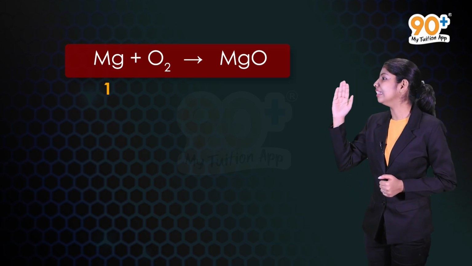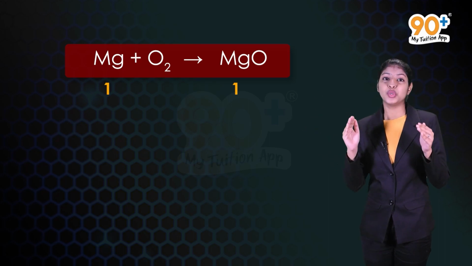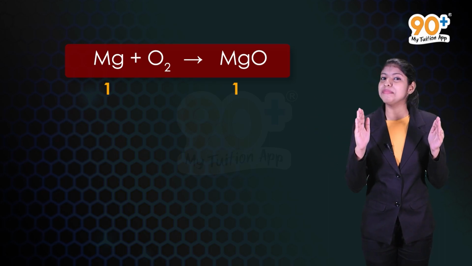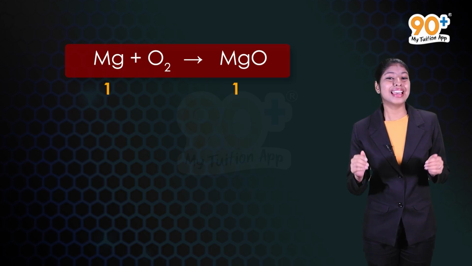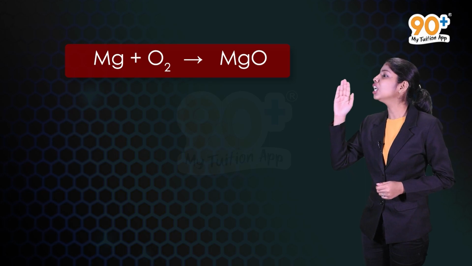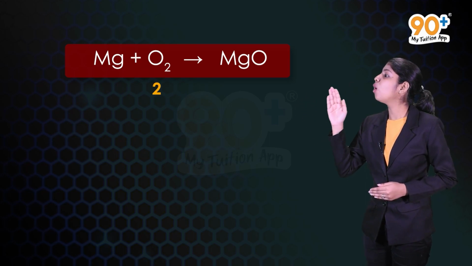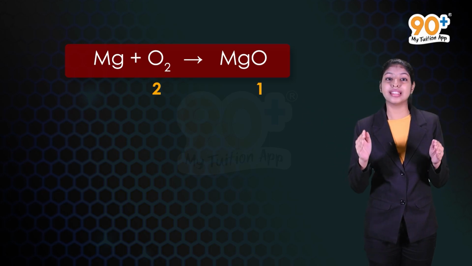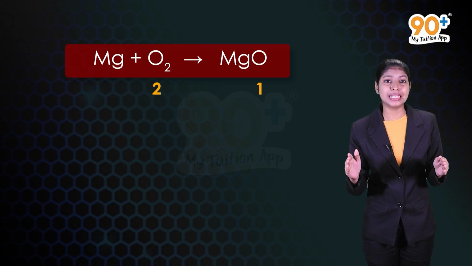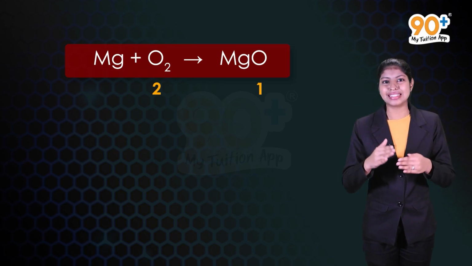We can see there is also one magnesium on the RHS, which means in this equation magnesium is balanced. And what about oxygen? Here we can see 2 oxygen atoms on the LHS, whereas only 1 oxygen is present on the RHS, which means in this equation oxygen is not balanced.